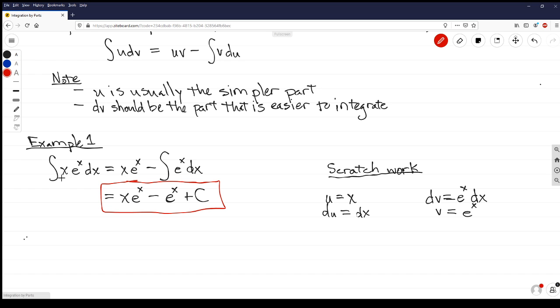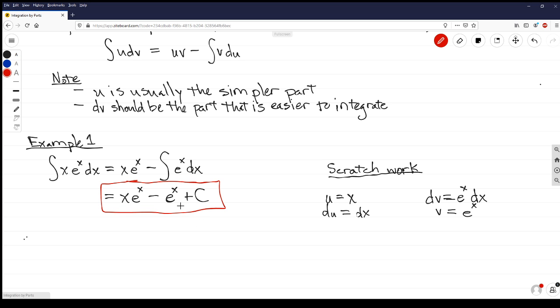This is not just your average integral. And this is because it doesn't fit into any of the patterns that we've used before, substitution. This is why we have to resort to using integration by parts. And I'm going to leave the answer to example 1 just like this.